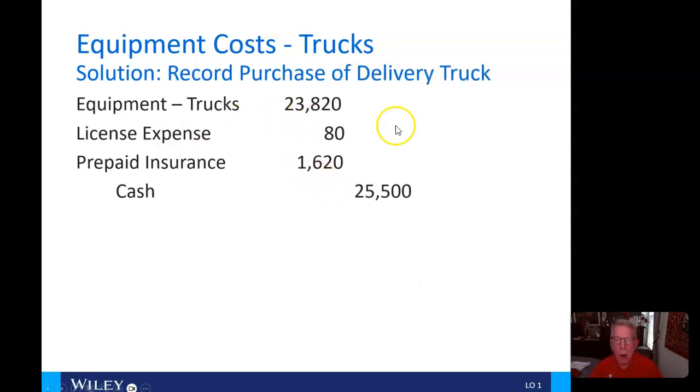And so now this is how our journal entry would look. Here's our equipment dash trucks, $23,820. License expense, $80. Prepaid insurance, $1,600 for total cash out of $25,500.